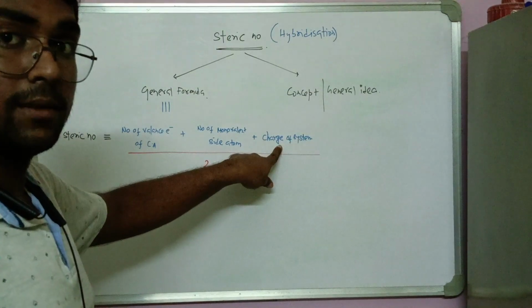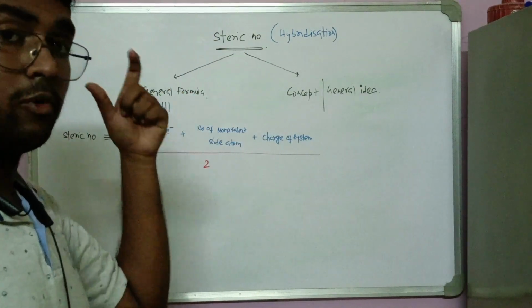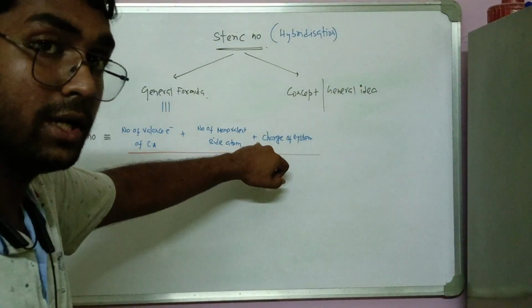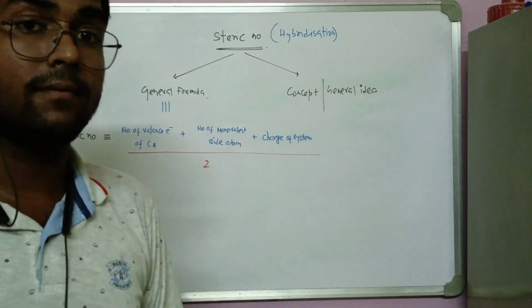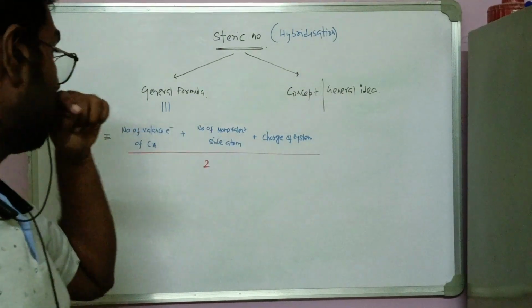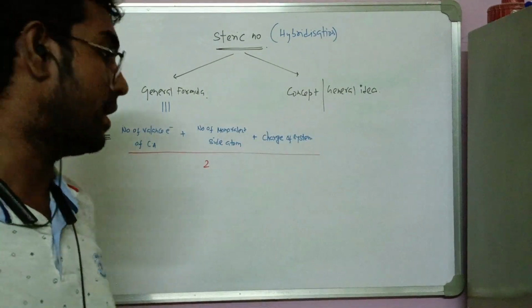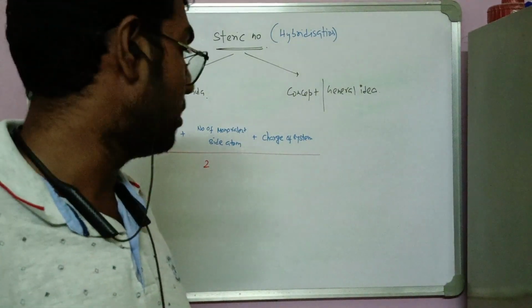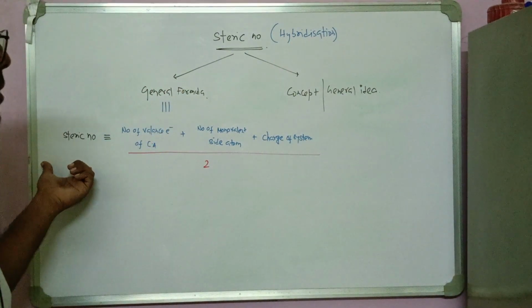And the charge of the system, if the system is positively charged, then it will be -1 because it is lacking 1 electron. If the system is negatively charged, then there will be +1 electron because it is having 1 extra electron, and we are considering that electron to take part in the hybridization. So, by 2 is the steric number.